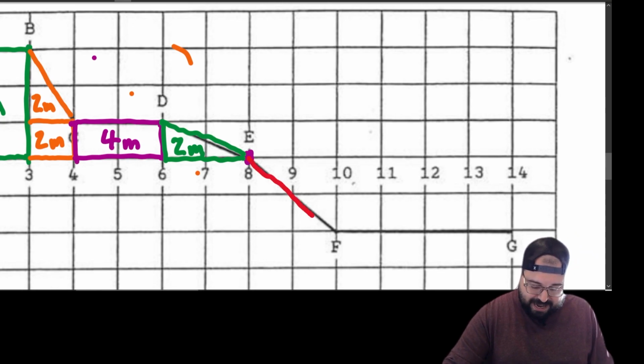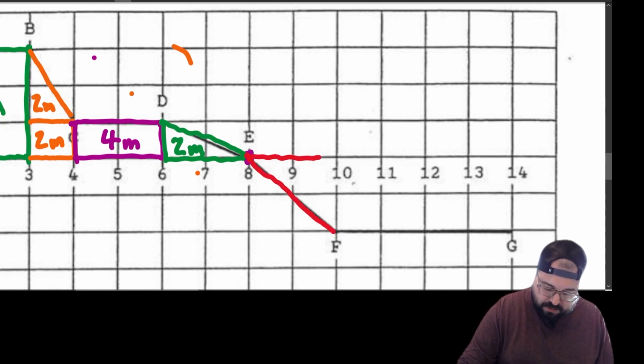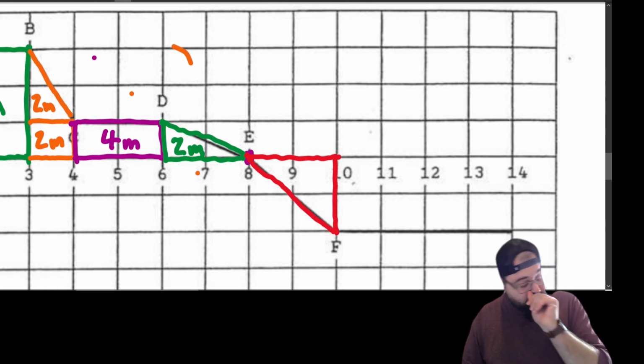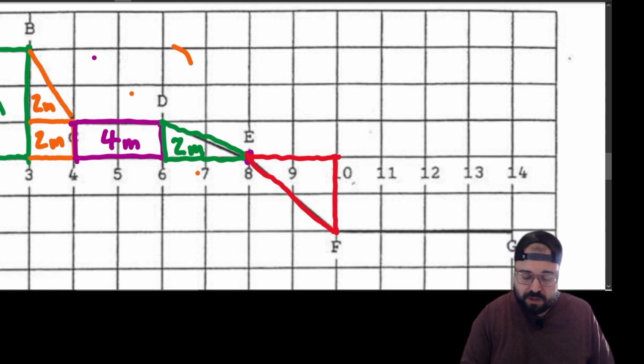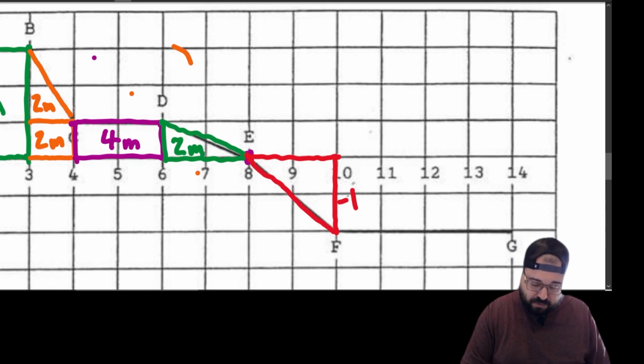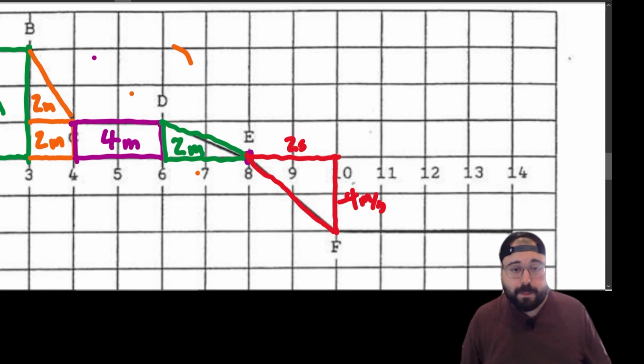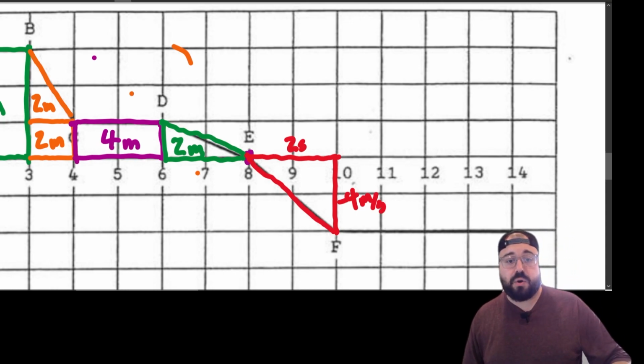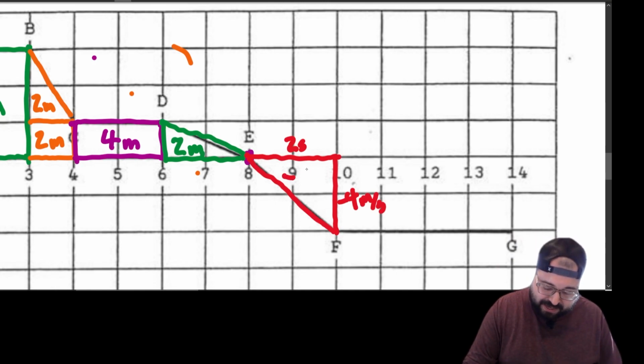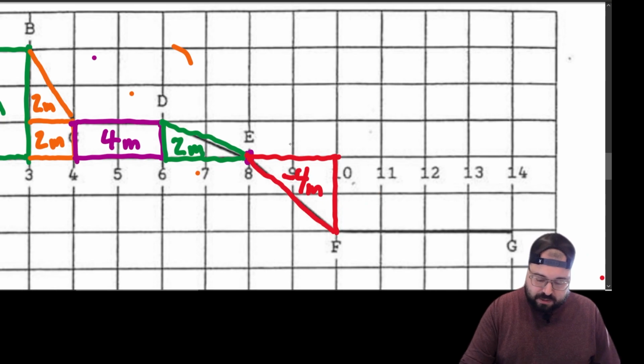Then from E to F, right? Now this is where, again, we're gonna be very careful. Our velocity here is a -4, so this is -4 meters per second, and this is 2 seconds. So 1/2 base times height, so it's going to give us an answer of -4 meters. There.